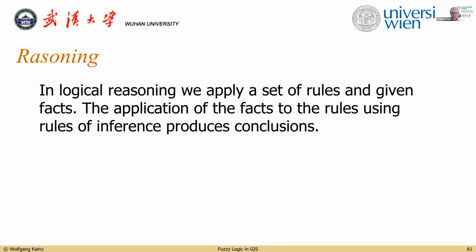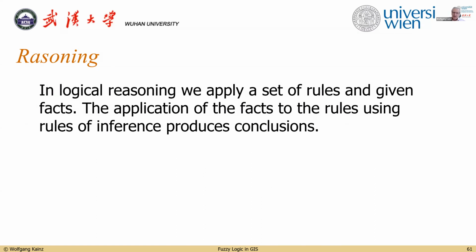And reasoning means, in logical reasoning, we apply a set of rules and given data or given facts. And the application of this data or the facts to the rules using rules of inference or so-called logical rules produce conclusions. So the reasoning in formal logic looks like that. We have rules and we have given facts.